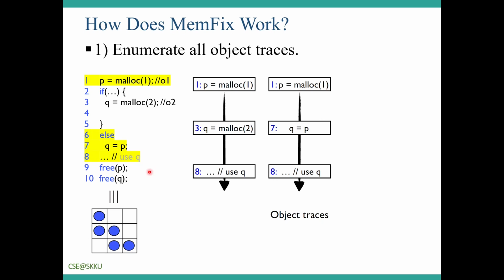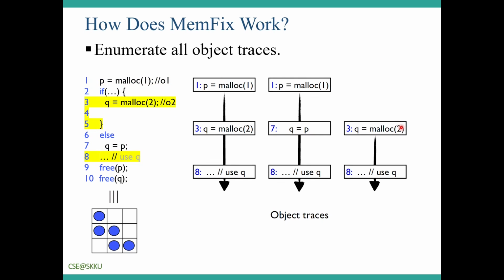In this path, at line 1, O1 is allocated and assigned to the pointer P, and at line 7, Q is assigned the value of P, so both Q and P now refer to the same object O1, and at line 8, the object is used through the pointer Q.